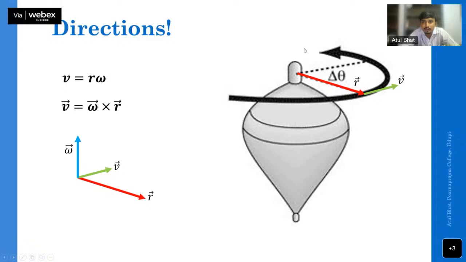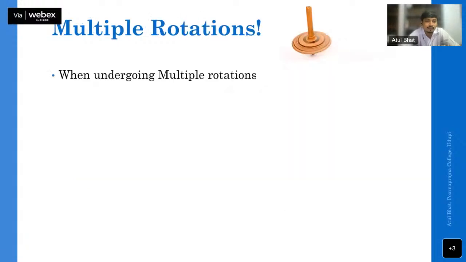So the linear velocity keeps changing direction, but because it is a cross product, omega cross r is equal to v, this omega should always be perpendicular to v and always be perpendicular to r. So as velocity keeps changing direction, omega will remain in the constant direction, that is upward direction in this particular rotational case.